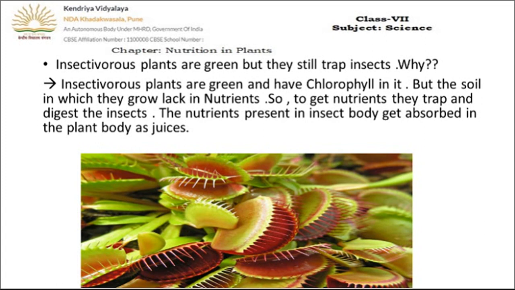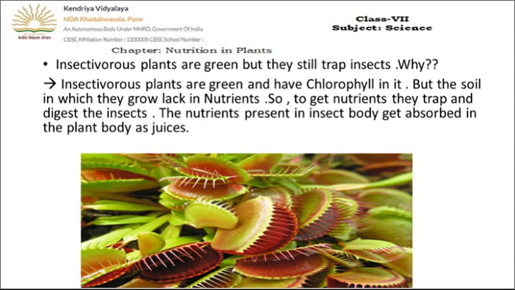Okay. So the reason why they trap insects is to get the nutrients which are not present in the soil in which they are growing. To get those nutrients, they trap the insects, they kill the insects, they digest the insects, and then they get the nutrients from those insects. Okay, I think it is clear to you all.